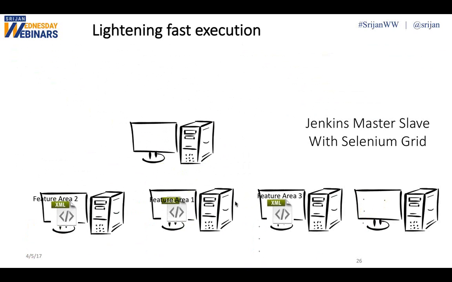Hence you can reduce the automation execution time and achieve horizontal scalability. In our case, we were able to reduce automation execution time from 14 hours to just 2 hours using this approach. So from 14 hours to 2 hours using this combination of Jenkins master slave with Selenium Grid.